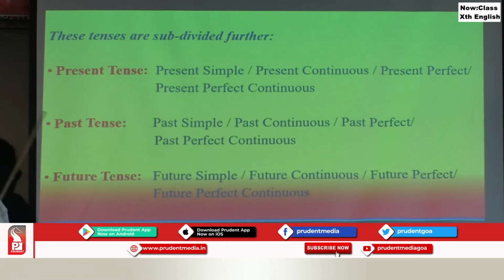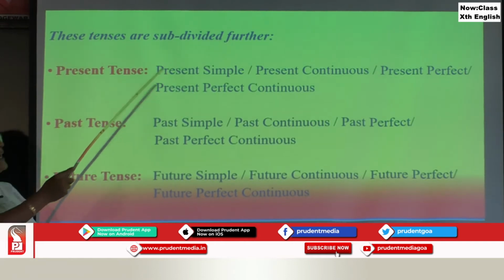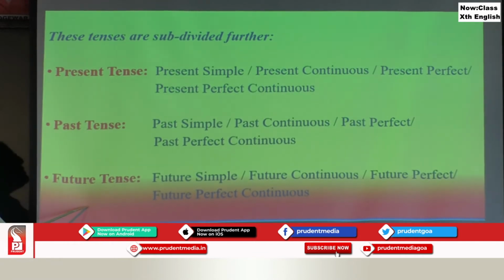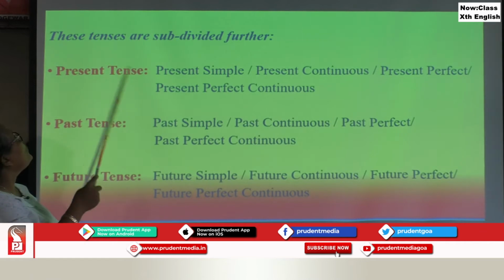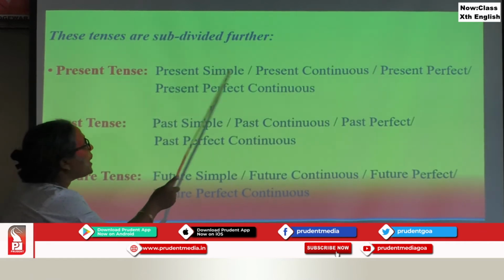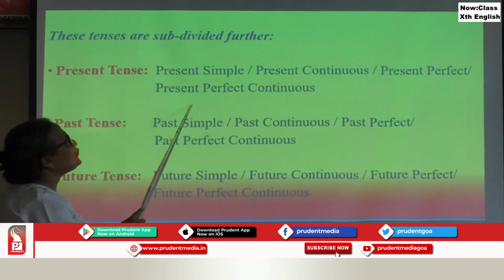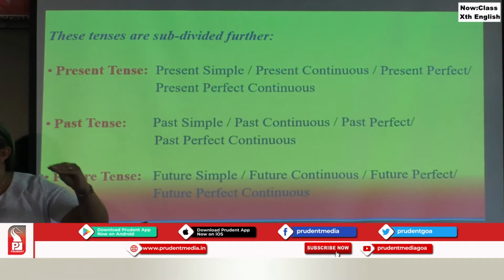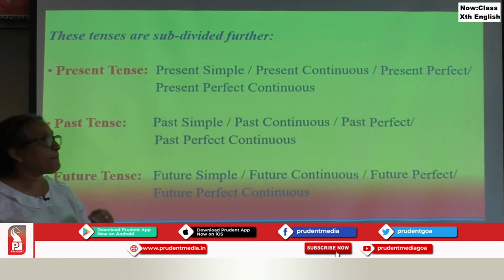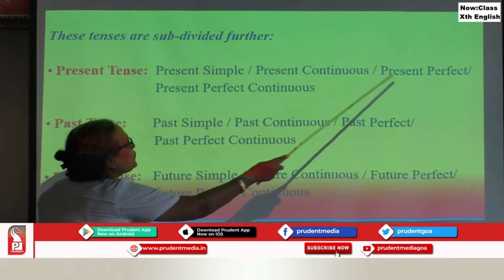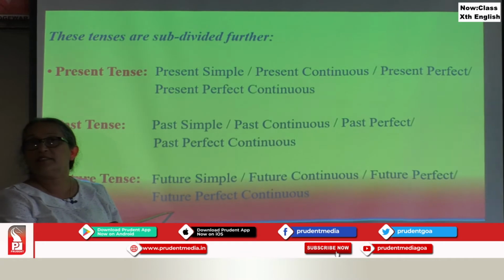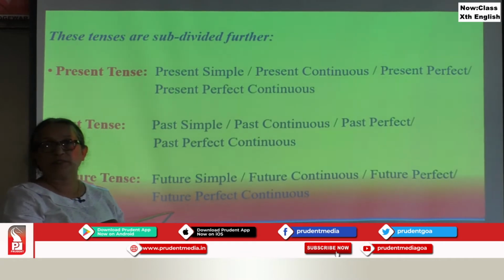These tenses, that is the present, past and future, are subdivided into 4 in each tense: 1, 2, 3, 4. That means we have 12 tense forms. 4 into 3, 12 tense forms.